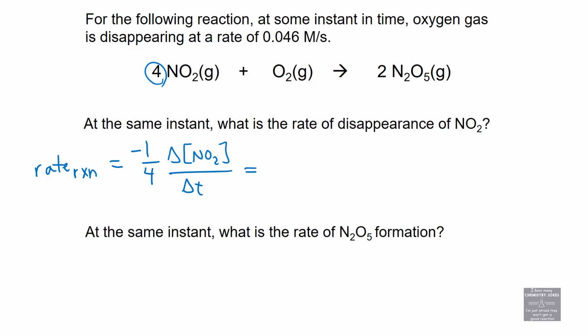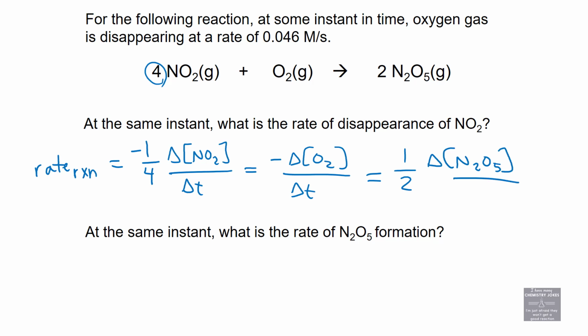Or the rate of reaction could be described as negative 1 over 1, because there's no coefficient, delta O2 over delta T. Or the rate of the reaction could be described as positive 1/2 delta N2O5 over delta T. So it could be described in any of those ways.